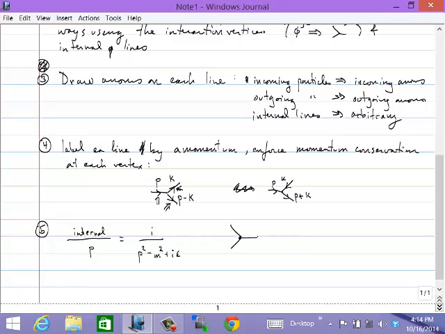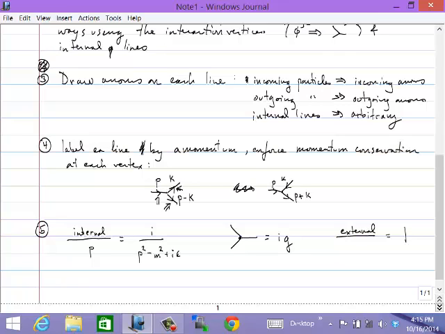Each of the interaction vertices, just as they are in position space, will give you a factor of the coupling constant. And each one of the external legs, well, that just gives you 1.